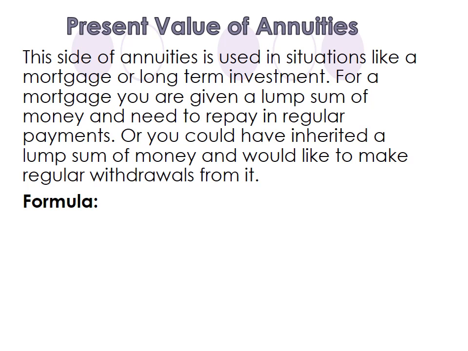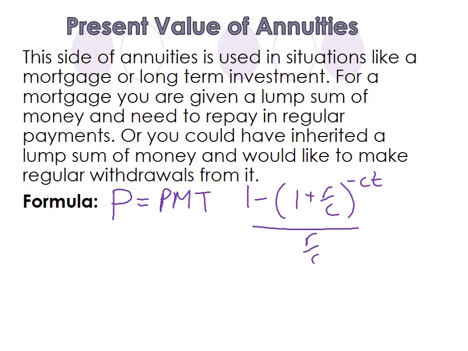The formula. So we're looking for the present value or principal. So P equals PMT, your payment, 1 minus 1 plus R over C to the negative CT, all divided by R over C. So all of those variables are the same as what we've seen so far for compound interest, and then yesterday, finding the future value of an annuity.